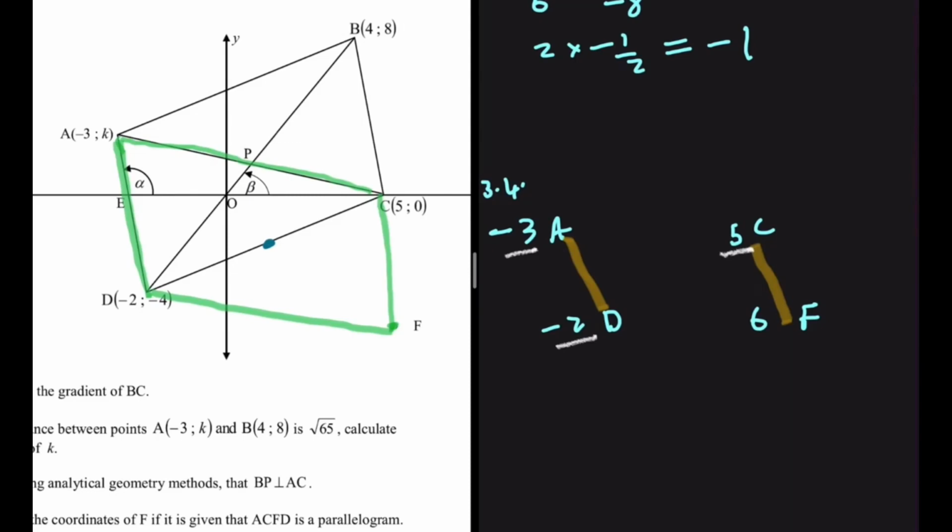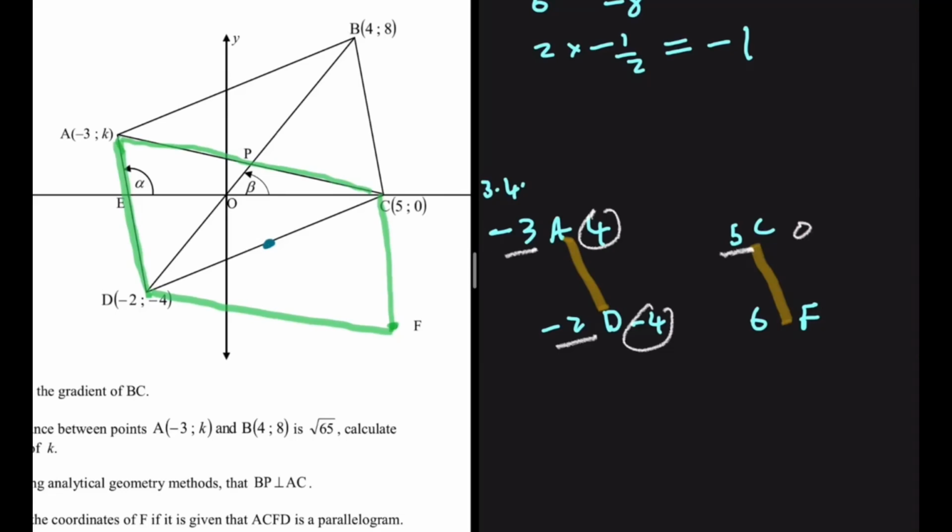So we have covered the x value of F. Let's look at the y values. The y value of A is 4. The y value of D is -4. So from 4 to -4, that is -8. What is the y value of C? The y value of C is 0.